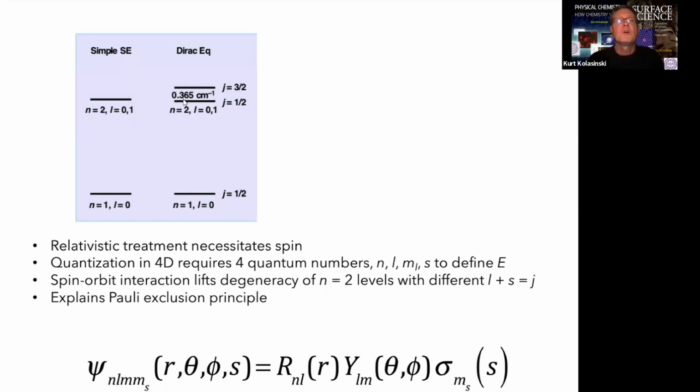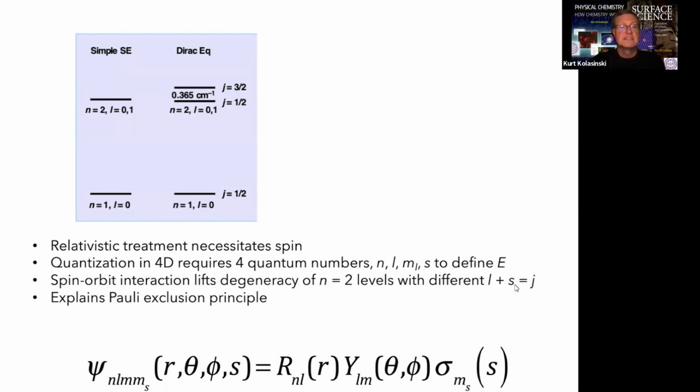You see, there's a small splitting, about 4/10 of an inverse centimeter. That lifting of the degeneracy is caused by these two different values of J, J being the total angular momentum, L plus S.